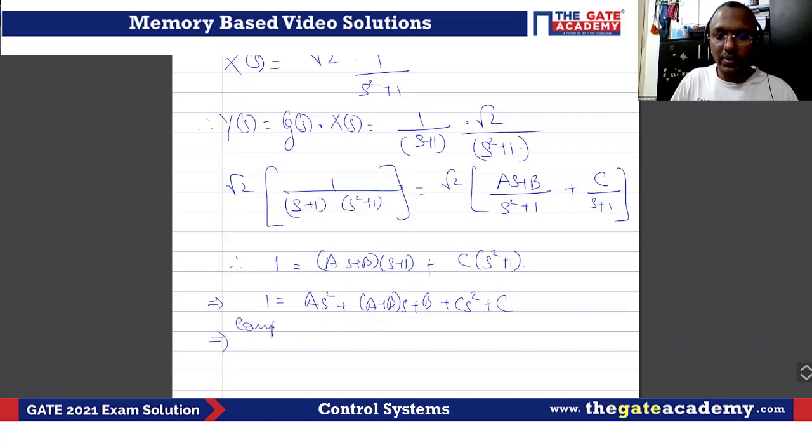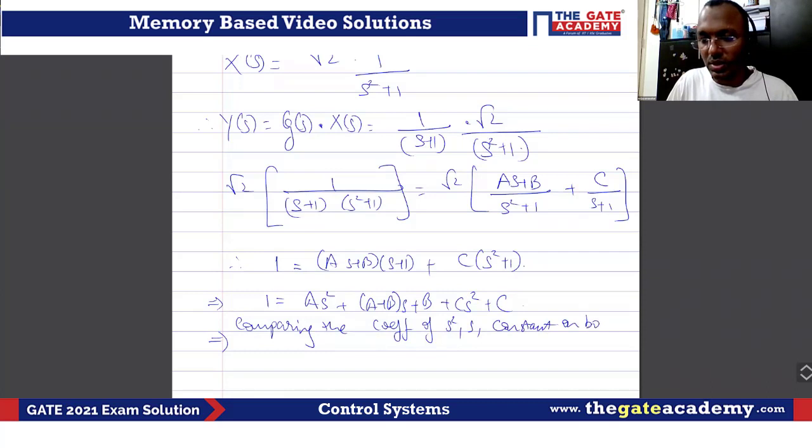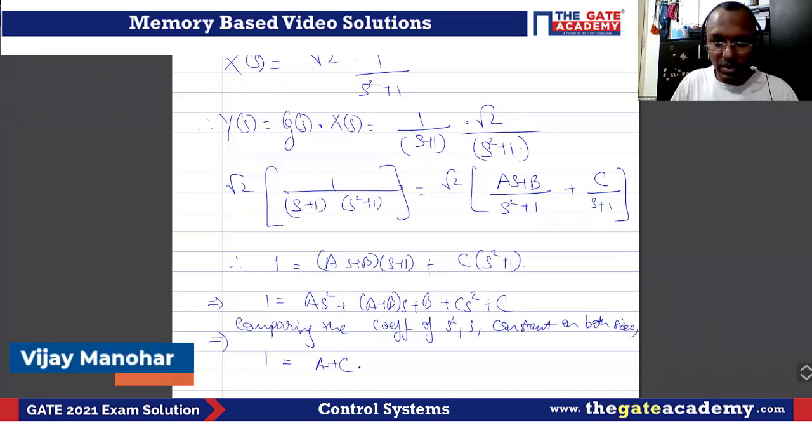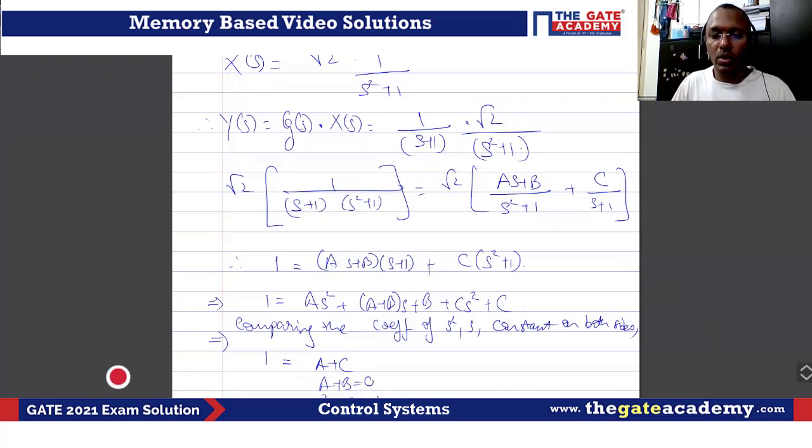So comparing the coefficient of s square, s and constant on both sides, what do we get? 1 is equal to a plus c, a plus b is equal to 0, b plus c is equal to 1, or b is equal to 1 minus c.